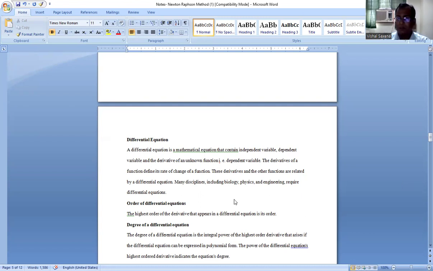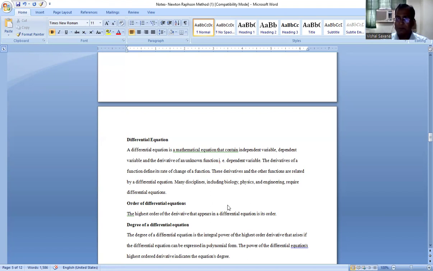Differential equation is a very important part of mathematics. As we already know, a differential equation is an equation which contains the independent variable, the dependent variable, and the derivatives of the dependent variable.